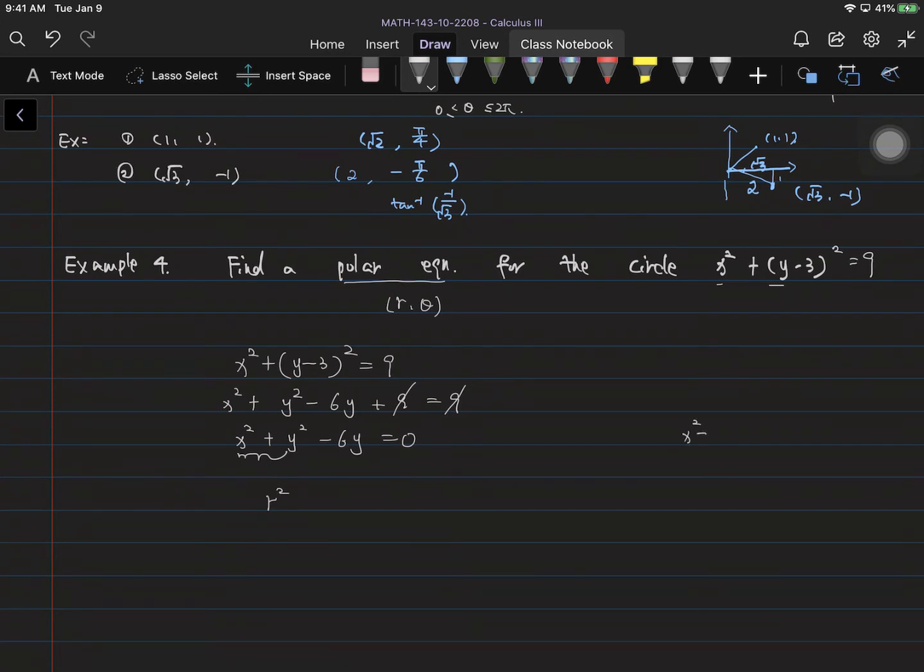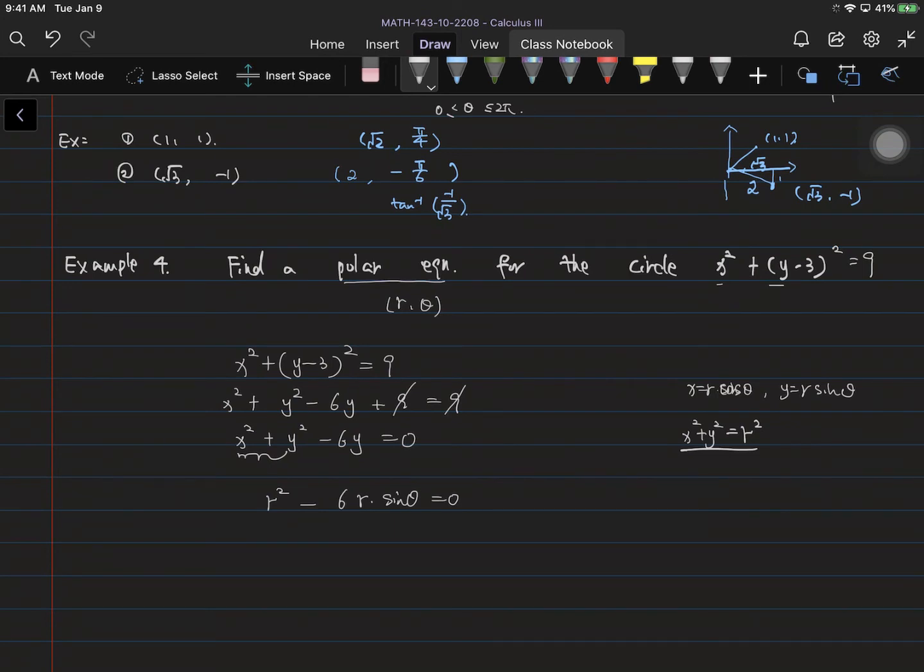So here we use x squared plus y squared equals r squared. If you don't remember this, you can always change x into r cosine theta, and y equals r sine theta, and then simplify. But here, it's better to use this directly. Okay. So r squared, and what is y? Y is r sine theta. So replace all the x and the y by r and theta. So actually, this is our polar equation. Okay, polar equation.